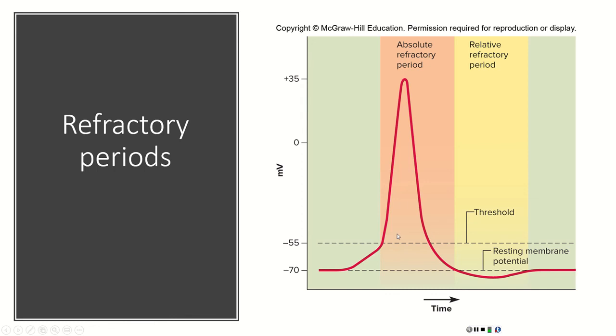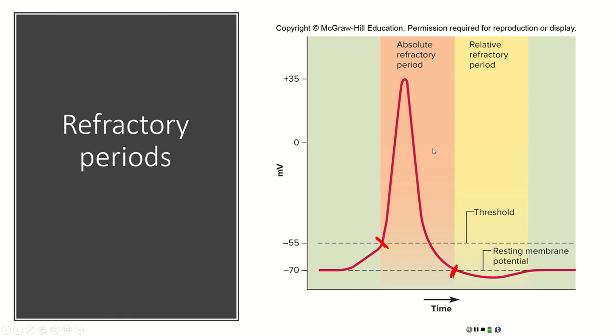We can make this happen faster. We can make it happen faster and faster and faster, but we cannot make it happen faster than a certain speed limit. Why is that? Well, because during this area right here, from the time we reach threshold up until the time we come back to rest the first time, during this red shaded area, we're in something called the absolute refractory period.